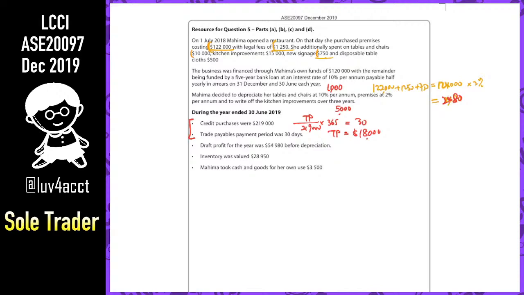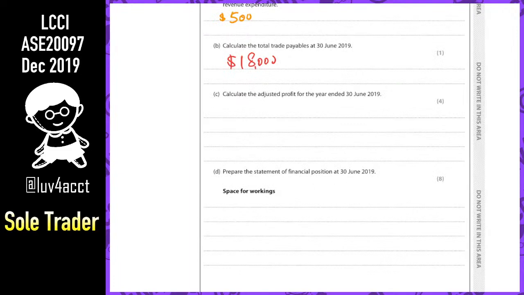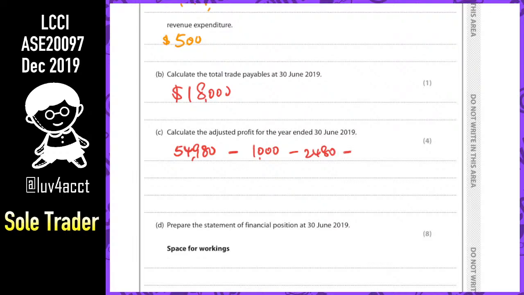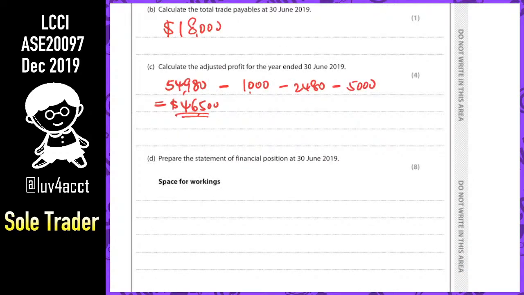Now we have the draft profit of 54,980, minus the 3 depreciation: 1,000, 2,480, and also 5,000. That gives 46,500. Finished.